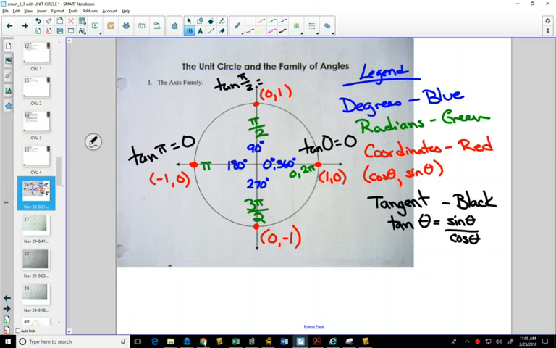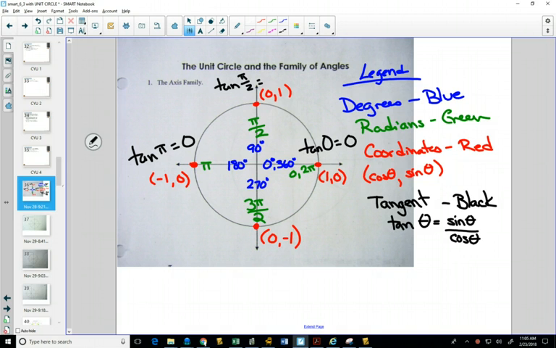When I go to calculate tan of pi over 2, sine over cos for tan, I now get 1 over 0. What does that equal to? If you try it on your calculator and you do 1 divided by 0, what's your calculator going to say? It's going to give you an error because you're not allowed to divide by 0. So what do we write here?